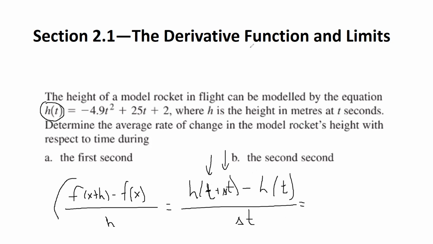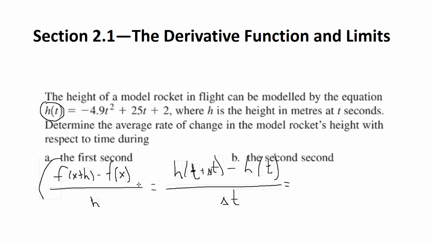So then it's gonna be negative 4.9. Just wait a second. Are we going to stick values in right away, or are we just going to write the formula first, the equation? We're going to write the equation first. Okay.